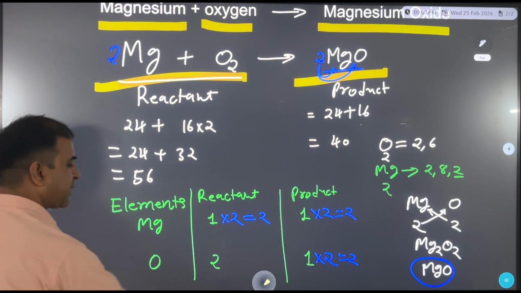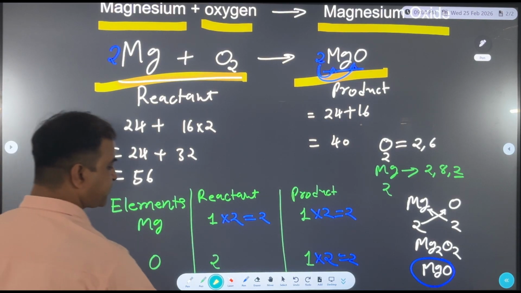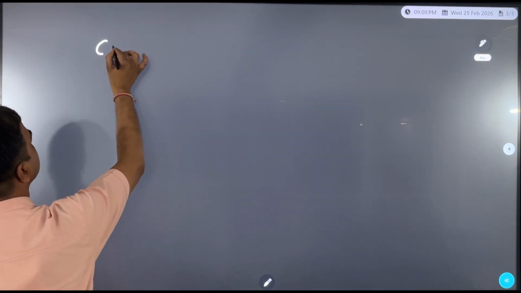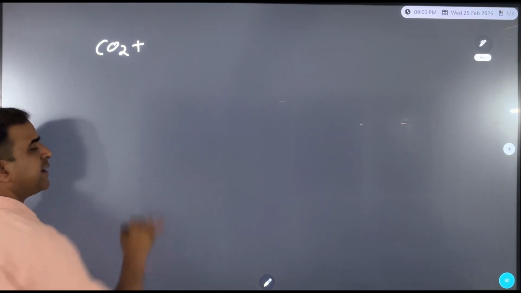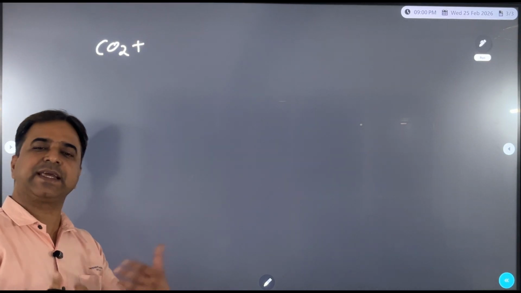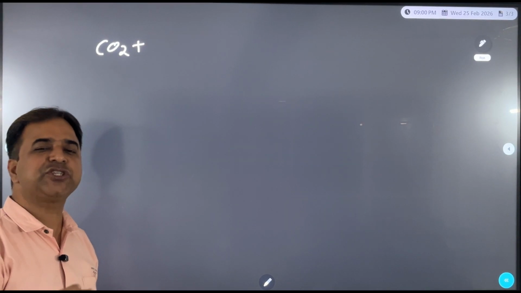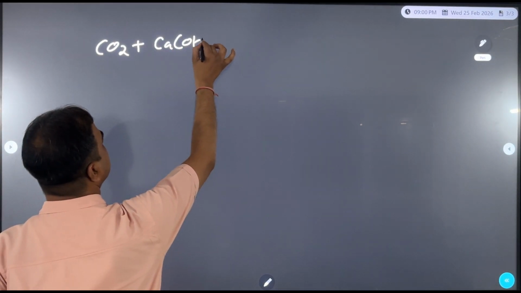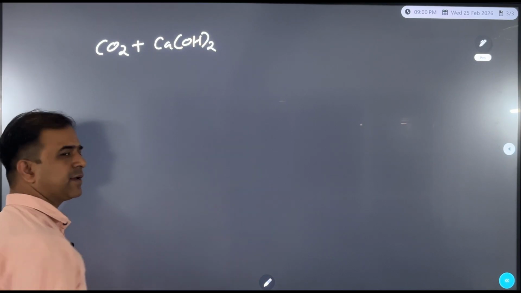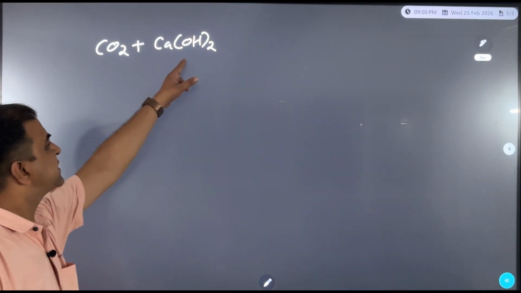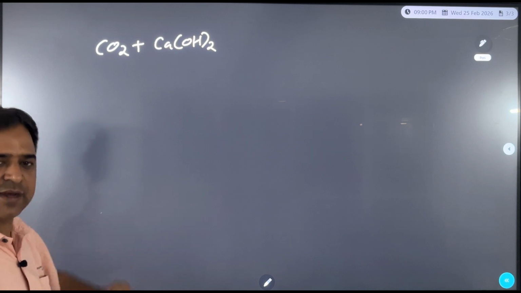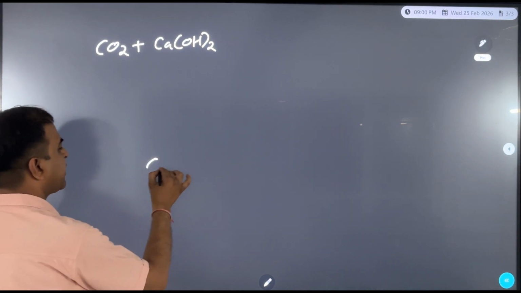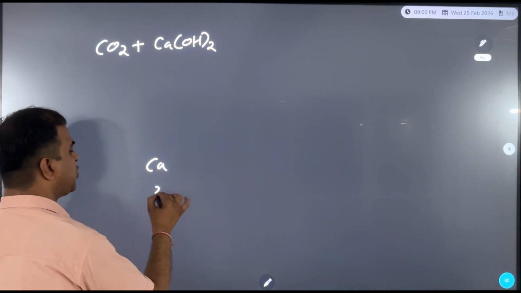Okay, we can take one more example here. Suppose we have carbon dioxide reacting with calcium hydroxide. I will remind you how this chemical formula is formed, because calcium has valency 2.